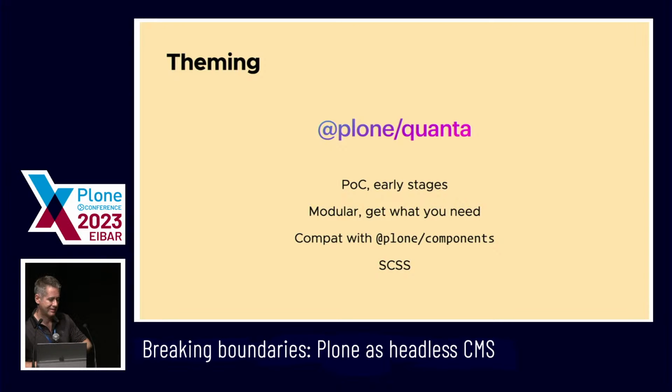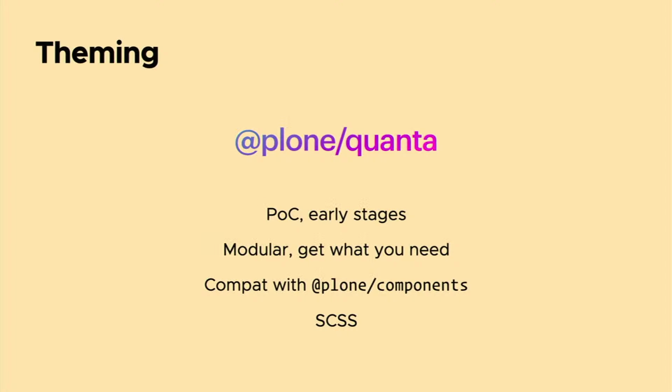And you cannot entirely remove it because all the CMS UI is relying on it. So the idea is to have this new theming story also extracted from Volto at the beginning, then create this at Plone Quanta that will have the new theming. Again, there is a POC, also in very early stages, just trying out things and experimenting.